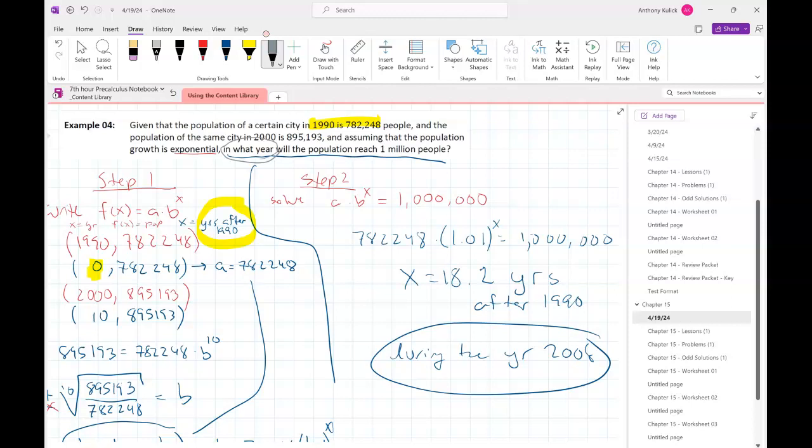We're still not rounding that up, even if it's 18.99, still don't round up. It's still during 2008 that we get to 1 million. If it's the beginning of what year, even if it's 18.000001, we're rounding up to 19. Okay?